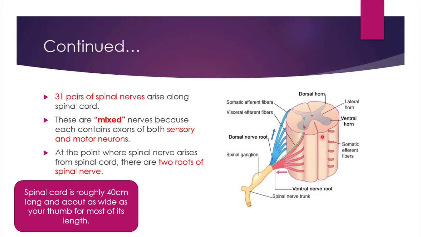Now we will discuss about the nerves that originate from the spinal cord. These nerves are also called spinal nerves. There are total 31 pairs of spinal nerves that arise along the spinal cord, right here. All these spinal nerves are mixed nerves because each contains axons of both sensory and motor neurons.